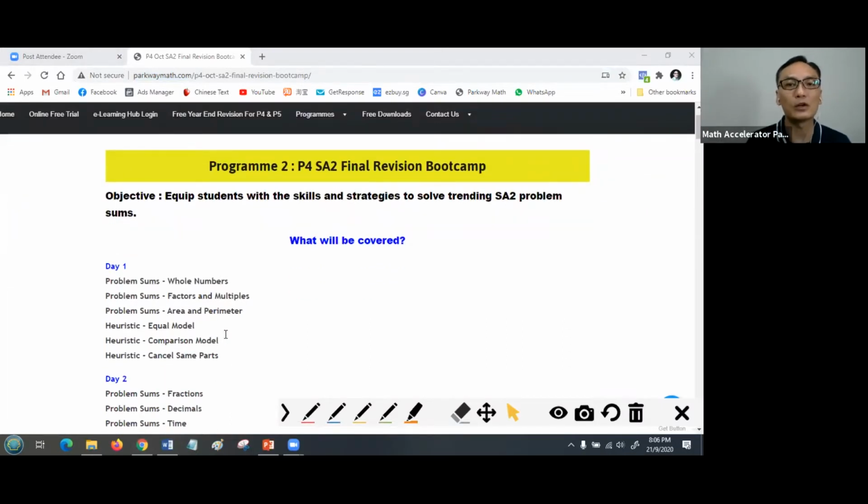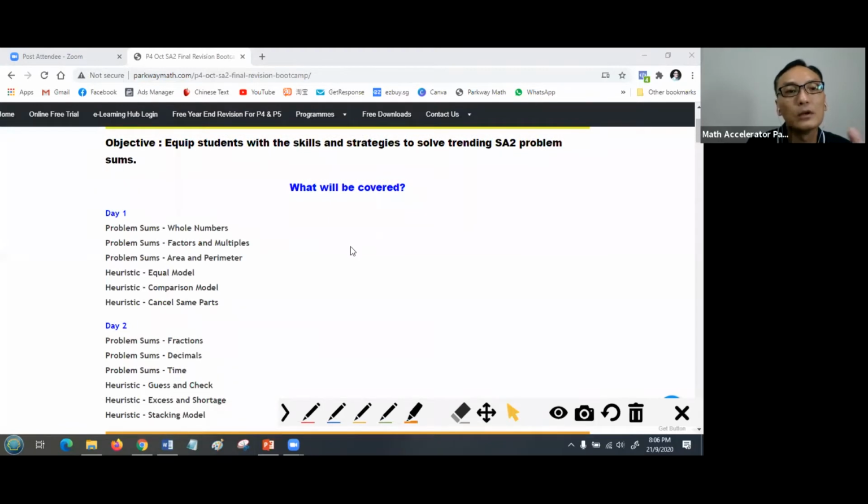This is a condensed version of the 4 weeks lessons. So we're going to cover in these 2 days what will equip students with the strategies and skills to solve trending SA2 problem sums.